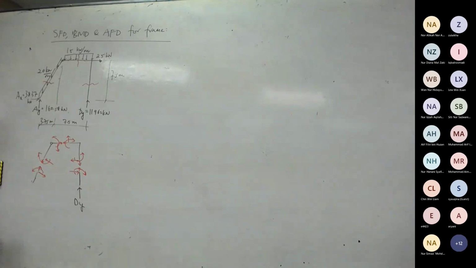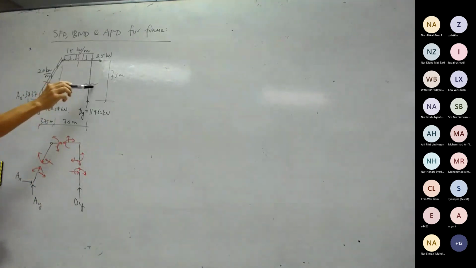But if you have calculated AY and AX, then depending on which sections, we can choose the free body diagram which is easier to consider. So for this section here, it will be easy to use this free body diagram.